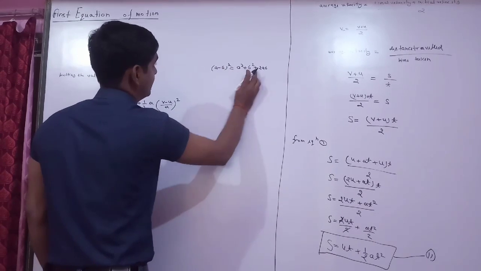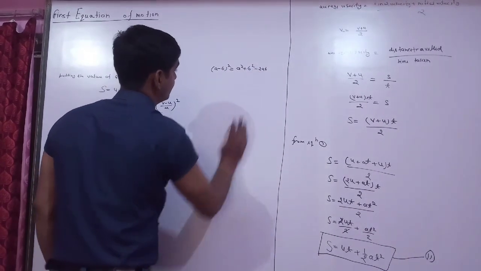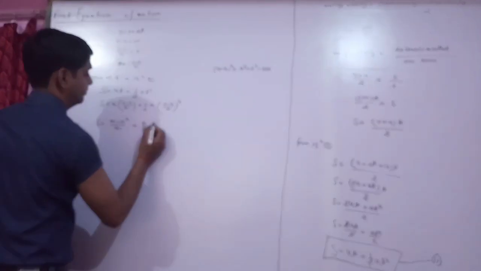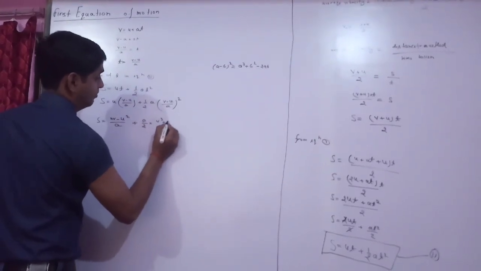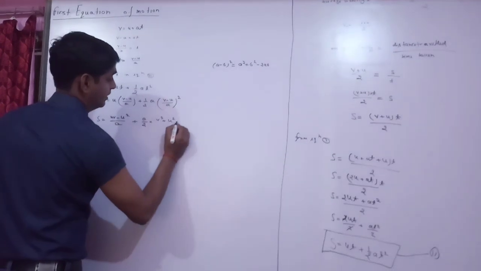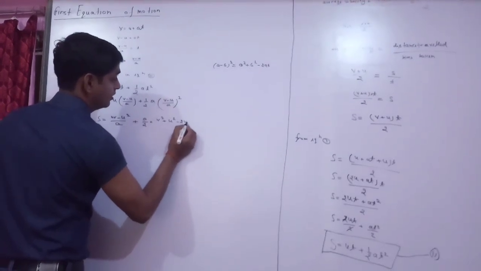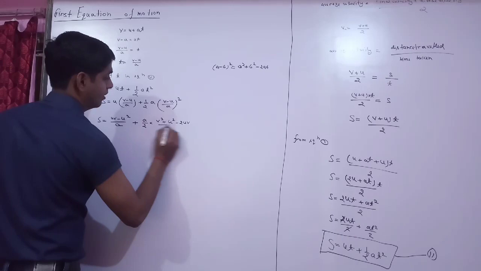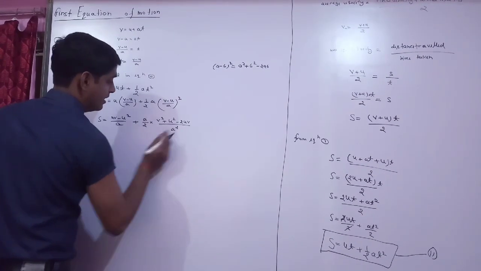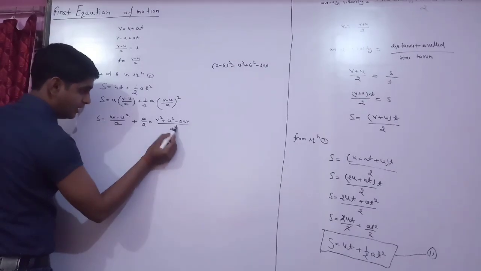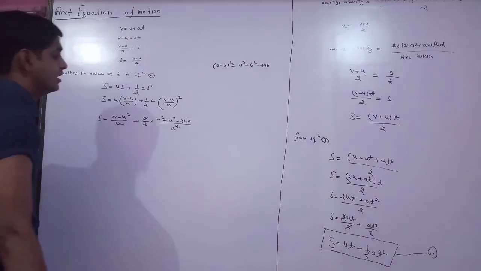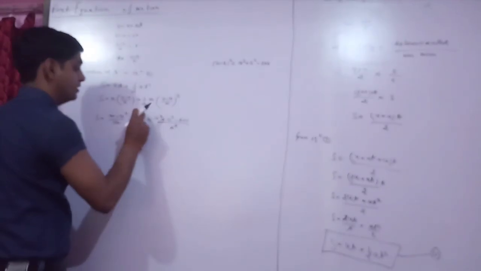Similarly, if there is minus, then it is minus: v square plus u square minus 2uv upon a square. This a and this a square cancel, because there is a square and there is only a.